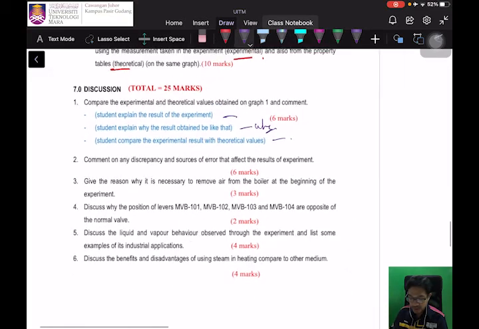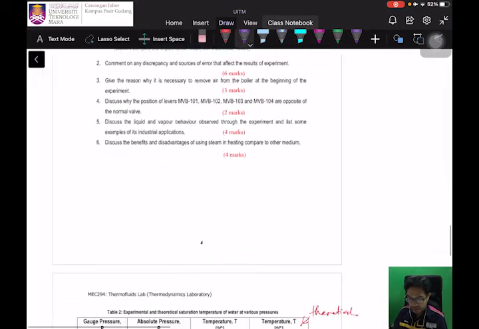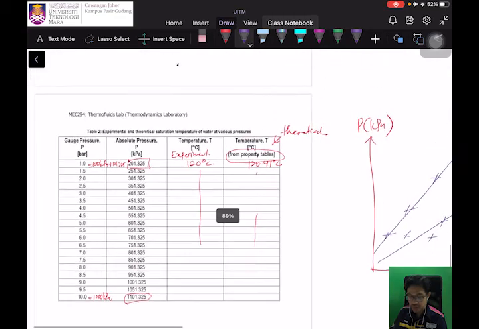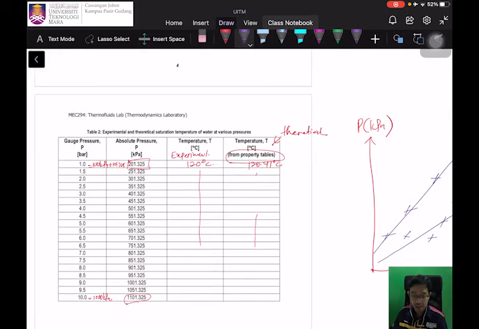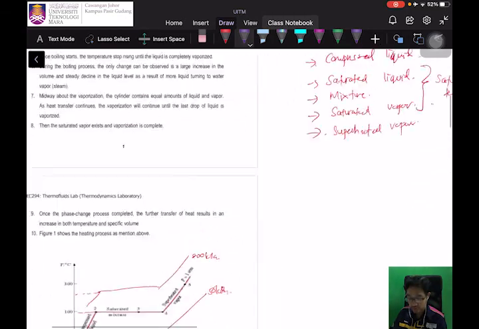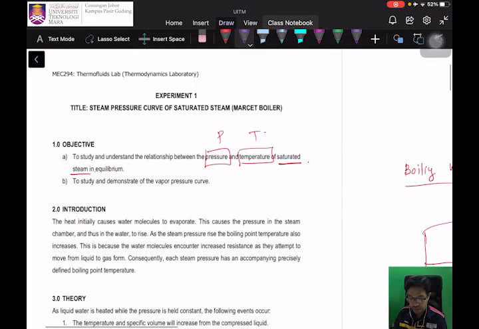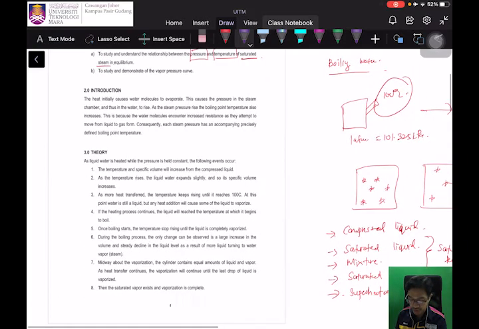Okay, so I think that is about these experiments, and basically you need to relate it with the objective, which is to study and demonstrate the relationship between the pressure and the temperature. So now we know the temperature that we look into has the experimental and also theoretical value, and to study and demonstrate the vapor pressure curve, which is on this part.